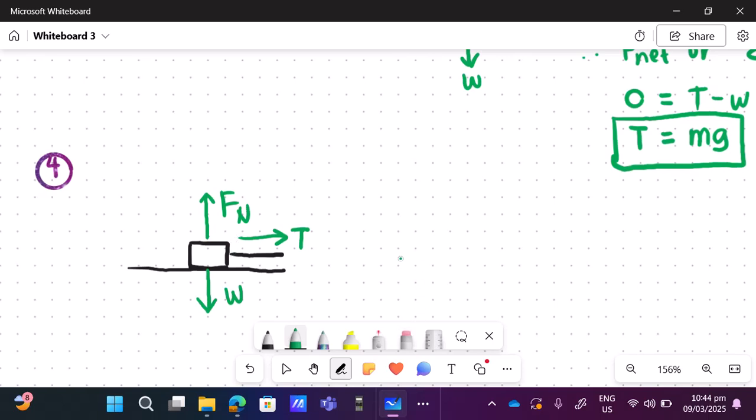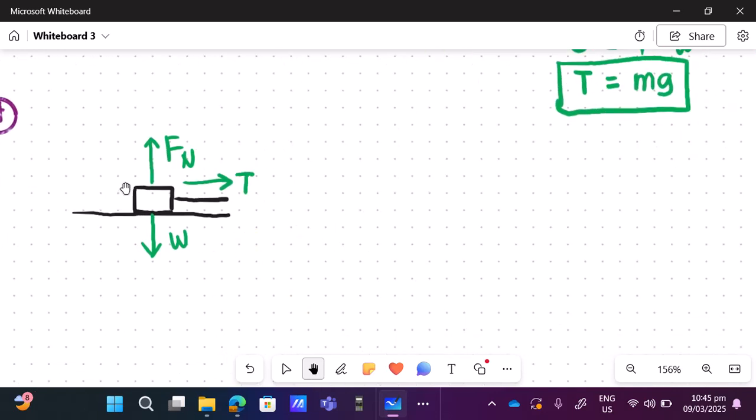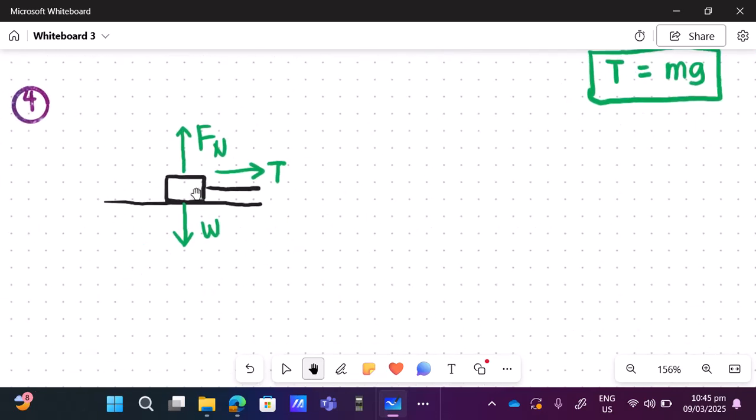Since this is frictionless, there is only one force acting horizontally, tension.